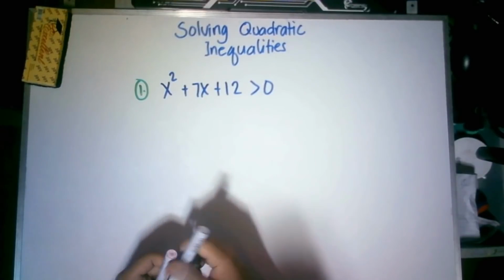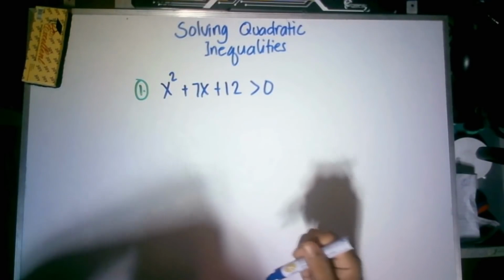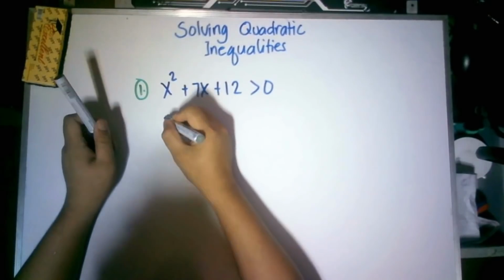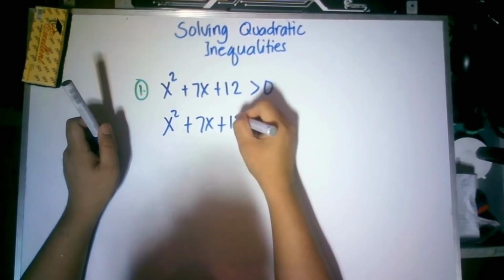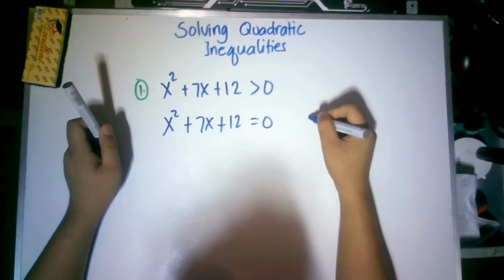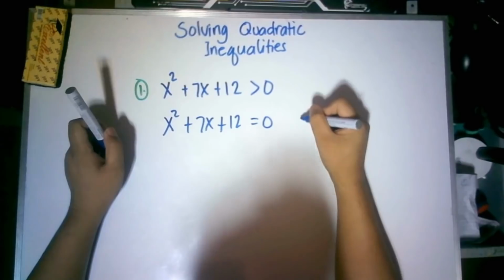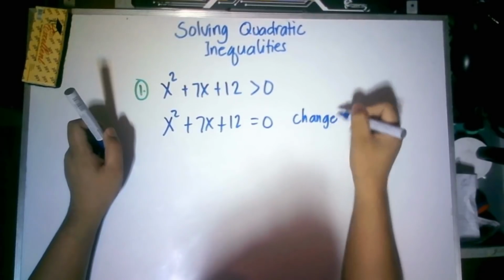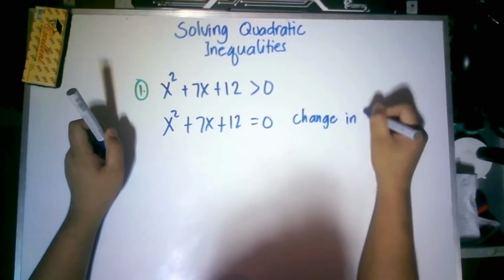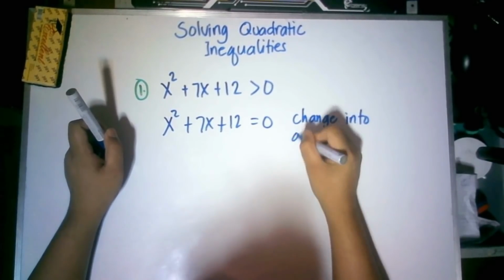Ang second step is ato siyang himuong quadratic equation. So nahimo siya x squared plus 7x plus 12 equals to 0. So ato siyang gibuhat, no? Gi-change na to siya into quadratic equation.